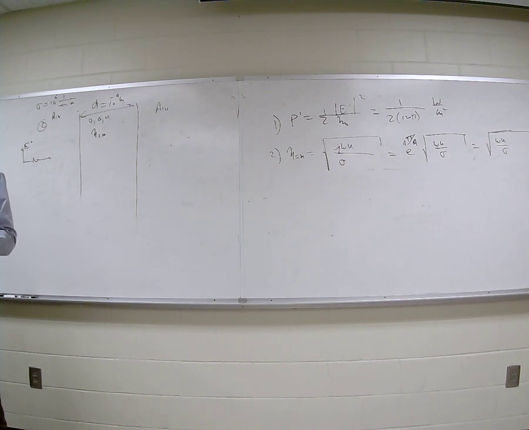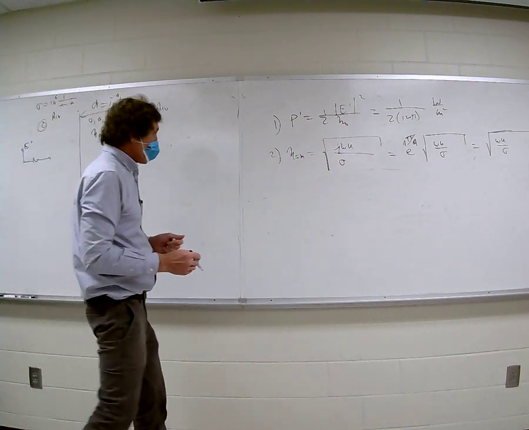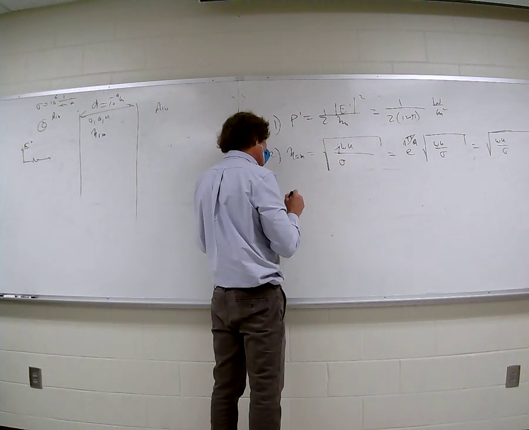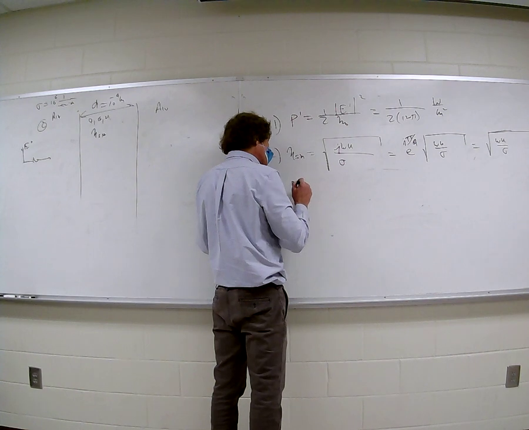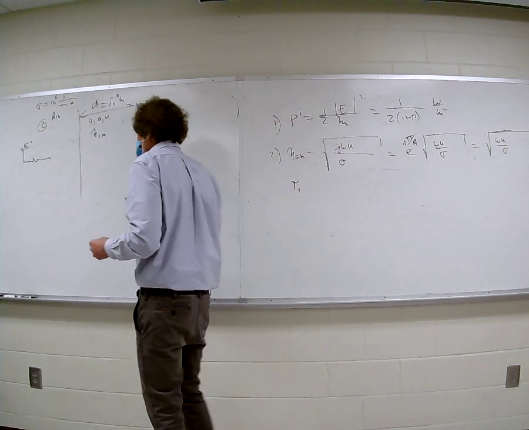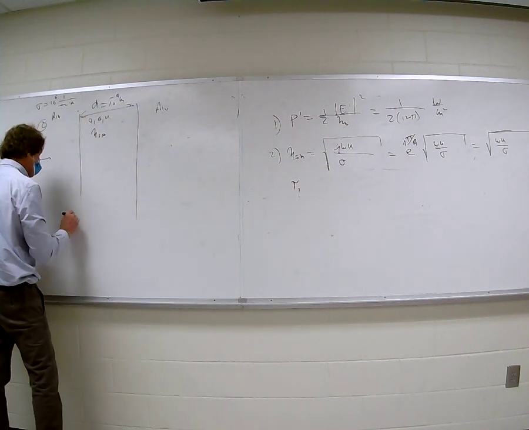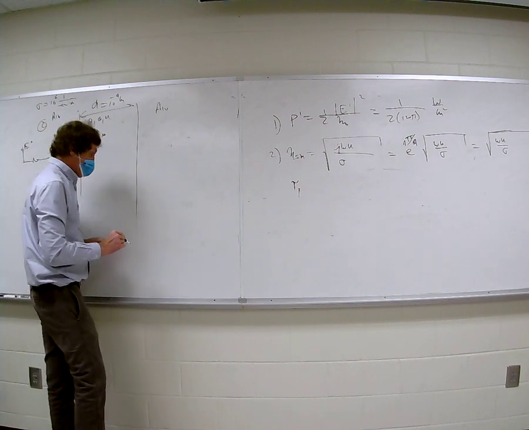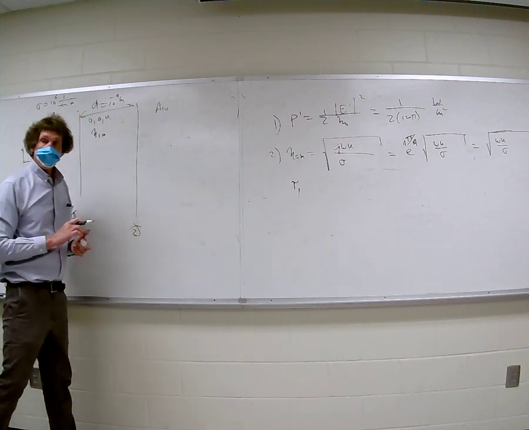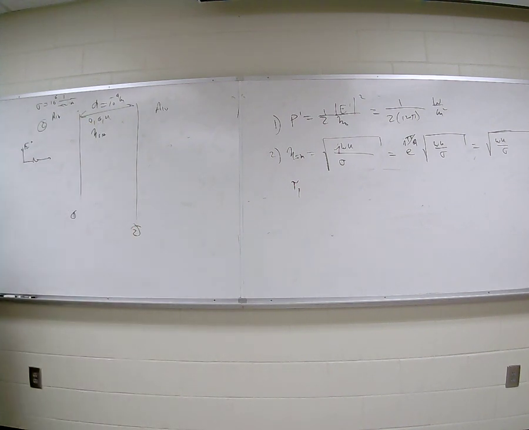Calculating eta shield, right? Now once we have eta shield, the next thing we need to get is the transmission coefficient at boundary 1, and I'll label this boundary 1, and the transmission coefficient at boundary 2. Correct, class? I want to make sure, because people mess this up.